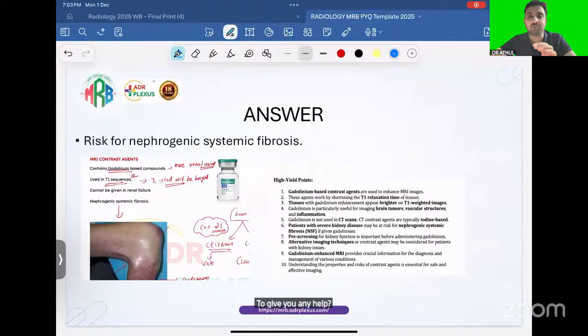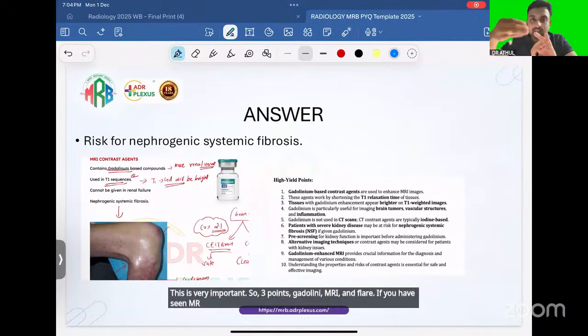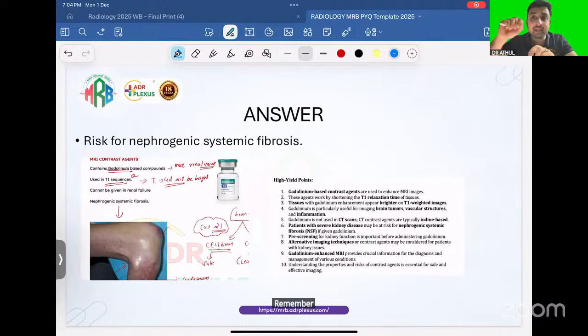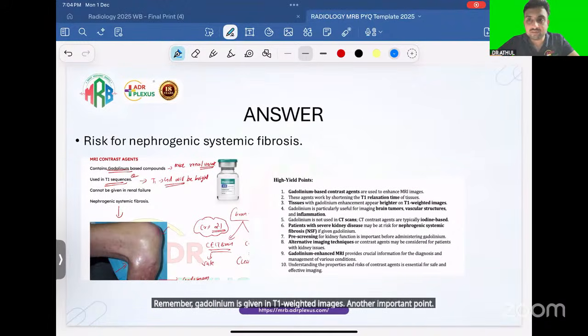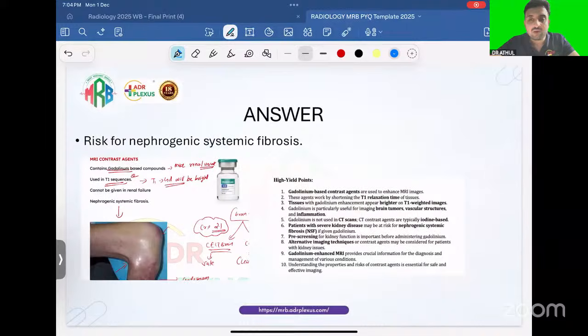It's very important. So 3 points: gadolinium, MRI, flare. If you have seen MRIs, there are many sequences. Remember, gadolinium is given in T1 weighted images. Another important point, you have to check renal function test before giving gadolinium.